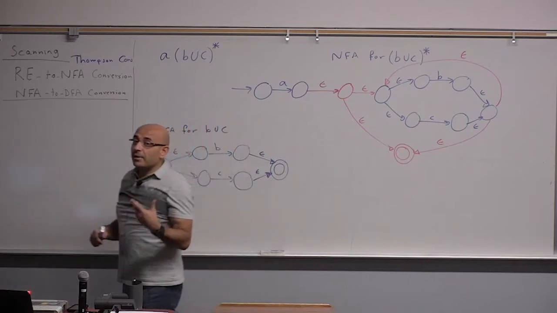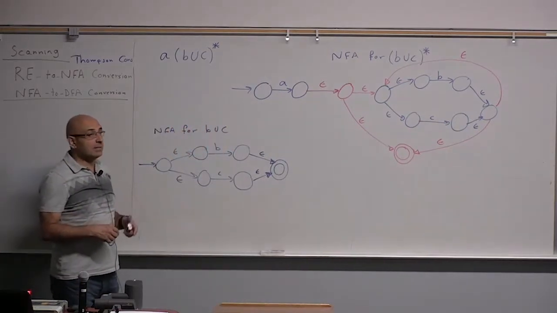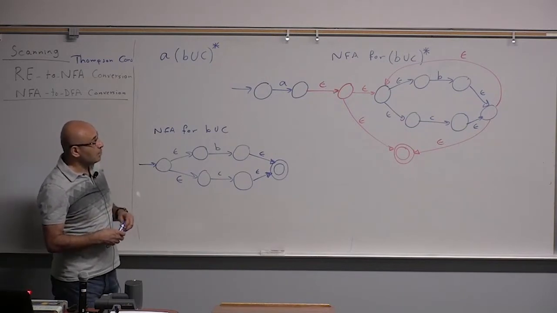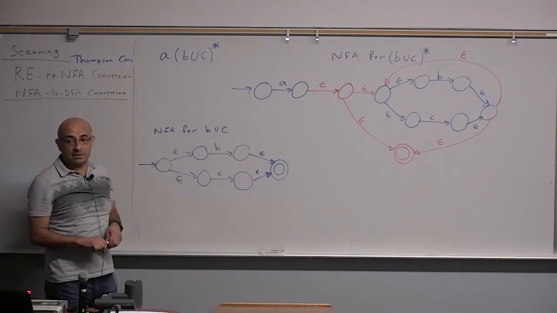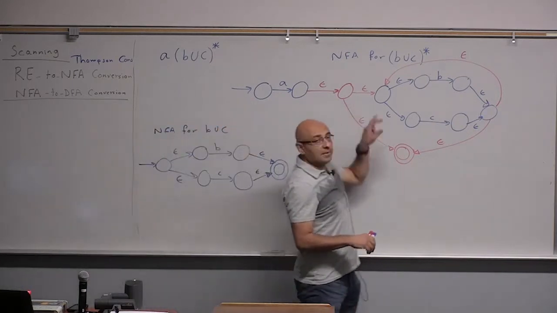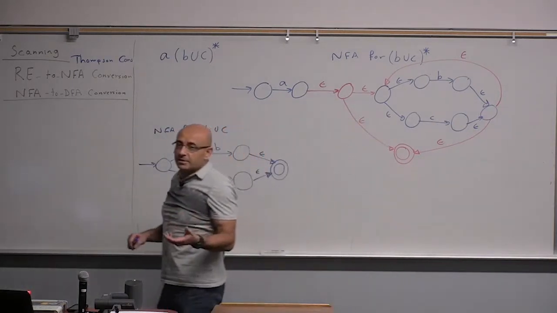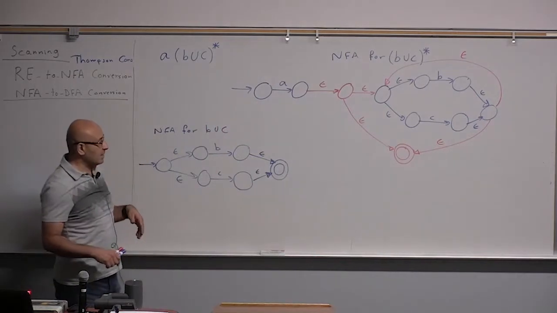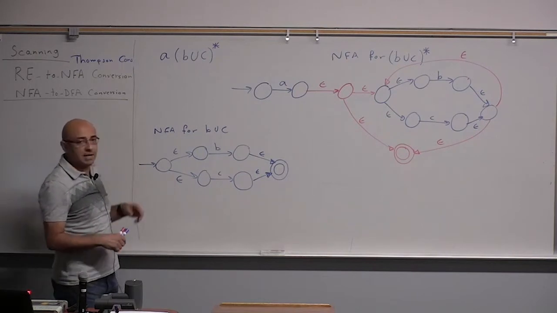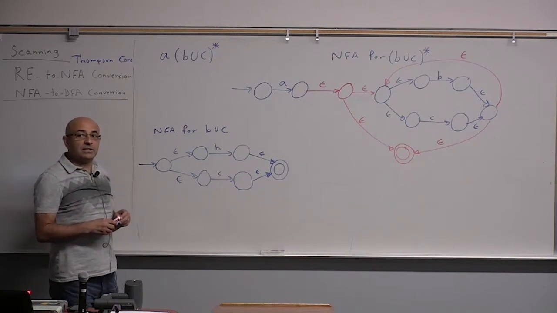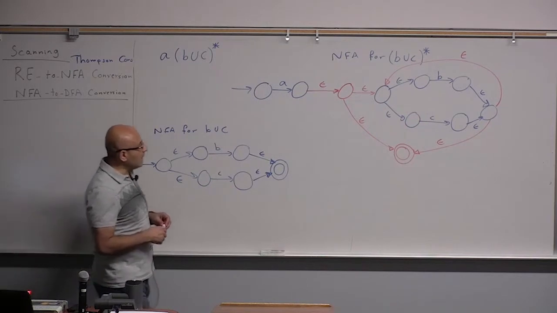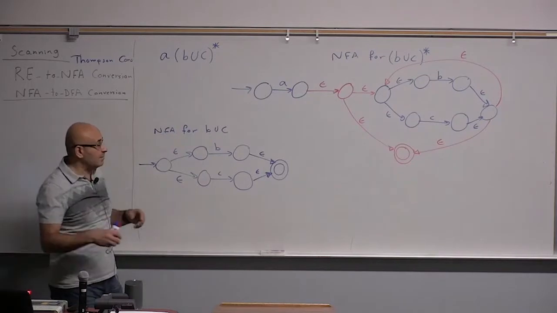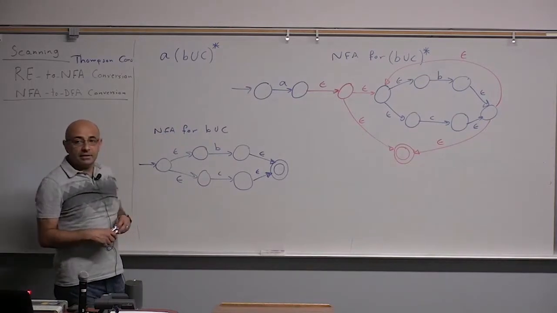Now, there are ways of minimizing the number of epsilons, but you have to think of a systematic procedure for minimizing the number of epsilons. So it's not always obvious whether a certain epsilon transition can be eliminated or not. Sometimes some of them are redundant and can be eliminated, and some of them can't. So it's not a trivial task to determine which of these are redundant and which ones can be eliminated.